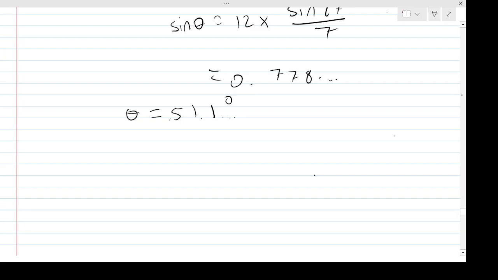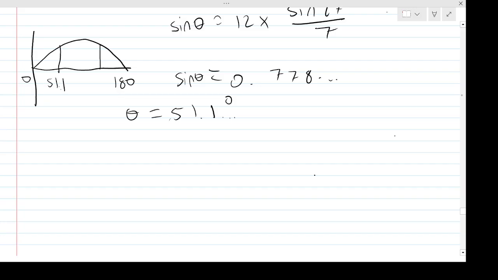So the other angle again would be, if I draw my sine curve again between 0 and 180, the first solution is 51.1, so that's going to be about like there, say. So the other solution is going to be like there, okay?